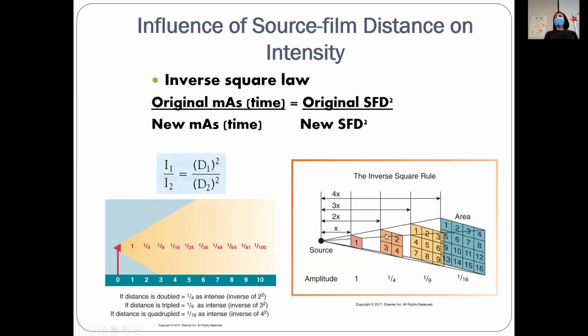So there's only 1 here, 1 there, 1 here, and 1 here. So you have a bigger surface area and only 4 little X-ray photons to hit this big surface area, because it keeps broadening. It keeps coming out like a big fan. So it's a bigger surface area with just the same amount of X-ray photons.